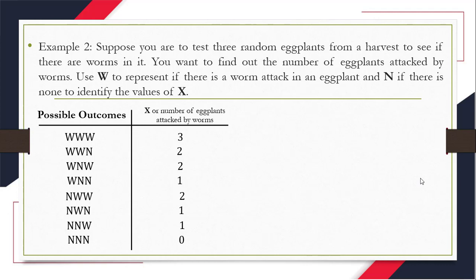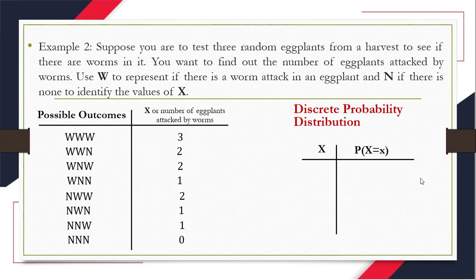We will now have our discrete probability distribution. It consists of our random variable X and its corresponding probabilities. To know the values of X, we get the unique values here: 0, 1, 2, and 3.